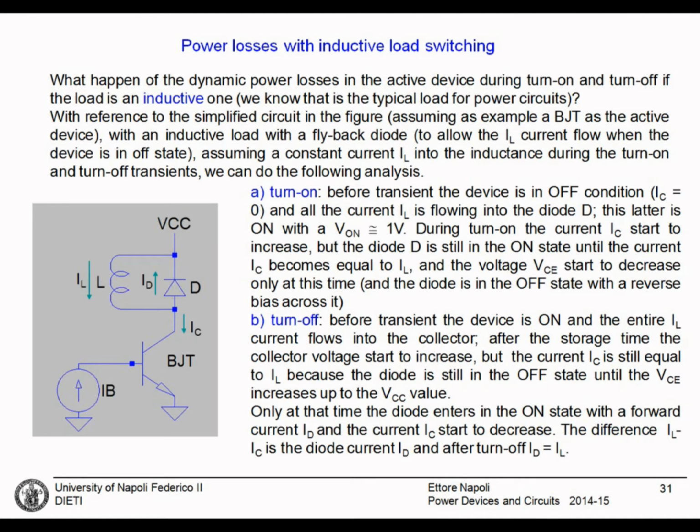A similar analysis can be conducted for the turn off. In this case, it is the opposite. This is the current, this is IL. The device is on, the current is flowing through the device, and this is the voltage, this is VCC, and the voltage is very small, the on-state voltage drop.